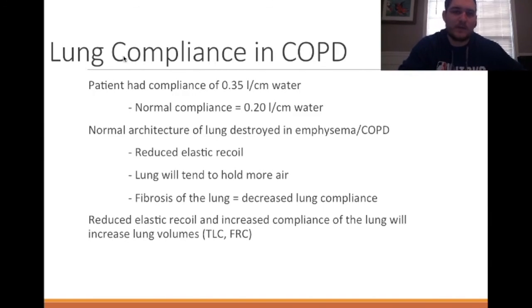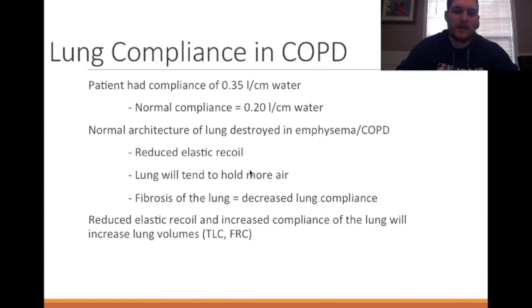And so in those with COPD, compliance is increased. A normal compliance is around 0.2 liters per centimeter of water, while in those with COPD, it gets increased. So that's the main takeaway here as far as COPD and lung compliance.